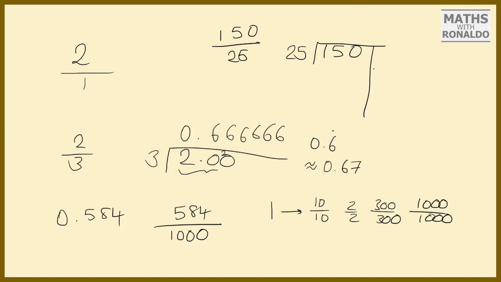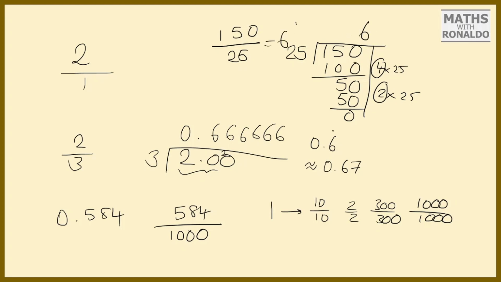Chunking method says, let's say that we have 4 times 25, we know that's 100. Take it away, we have 50 left, that's 2 times 25, 50, 0. Now the 2 and the 4, add them, it gives 6. So that is equal to 6. Apart from that, this is key stage 3 stuff.